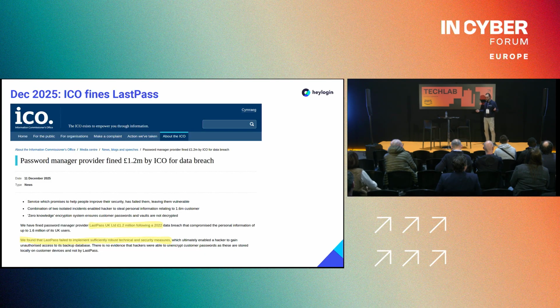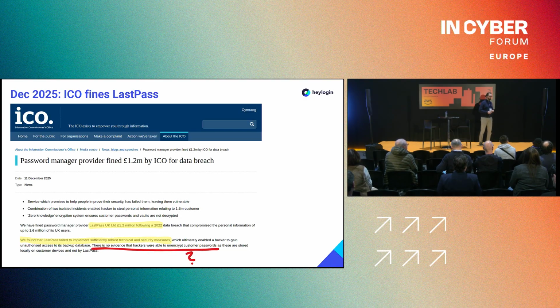So, in December last year, the ICO fined LastPass. LastPass is one of the big American password managers, and the ICO is the UK Information Commissioner's Office. LastPass was fined 1.2 million pounds because of their data breach that happened in December 2022, so like three and a half years ago.